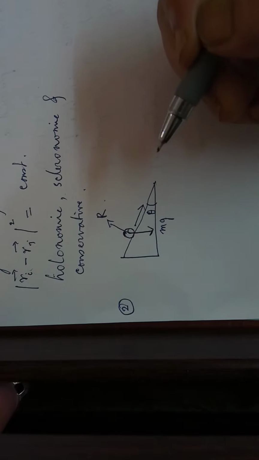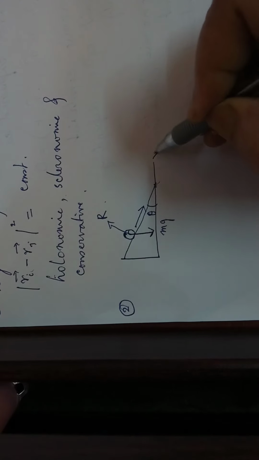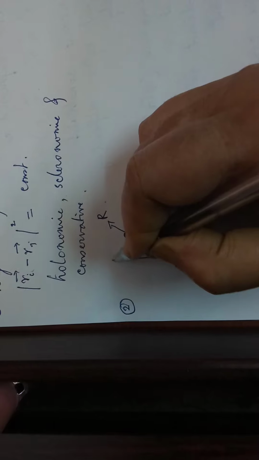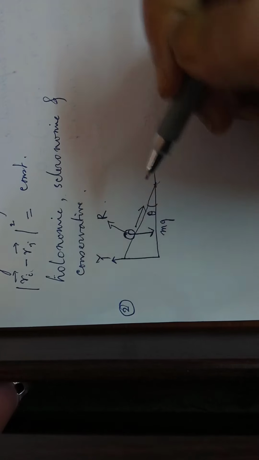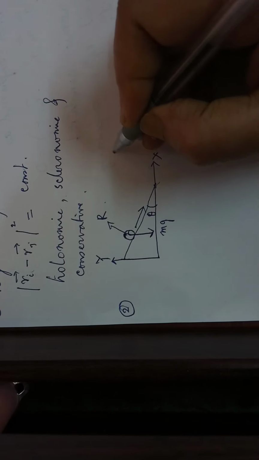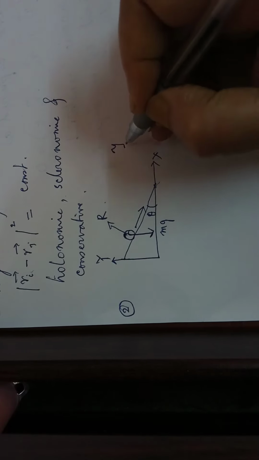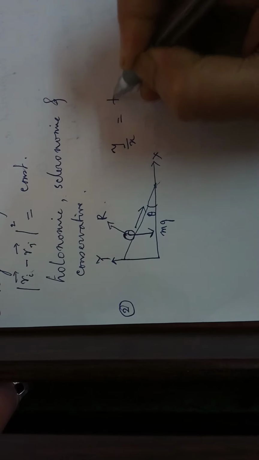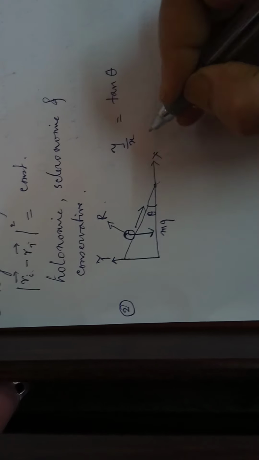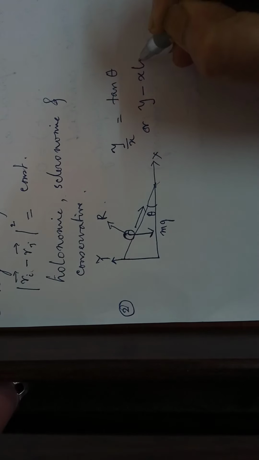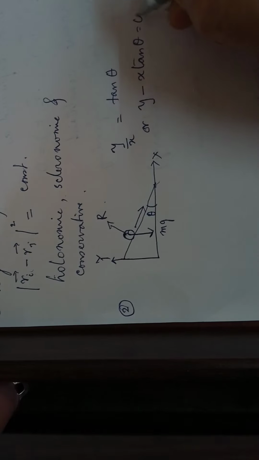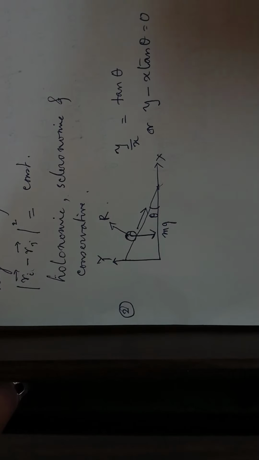If you consider this as your x-axis and this as your y-axis, then the corresponding equation you can write is y by x equal to tan theta, or y minus x tan theta is equal to 0. So that is your constraint equation.